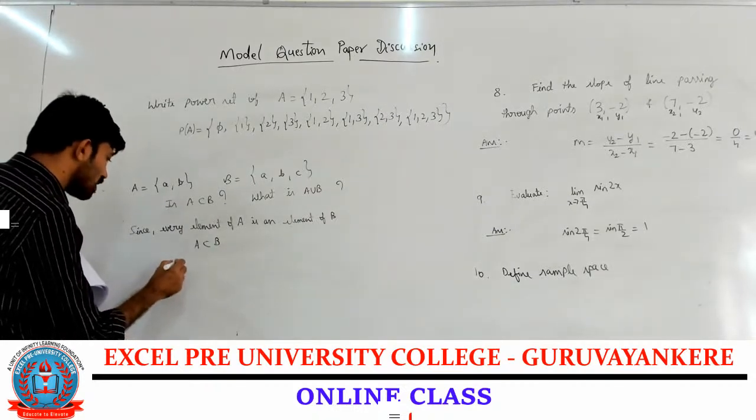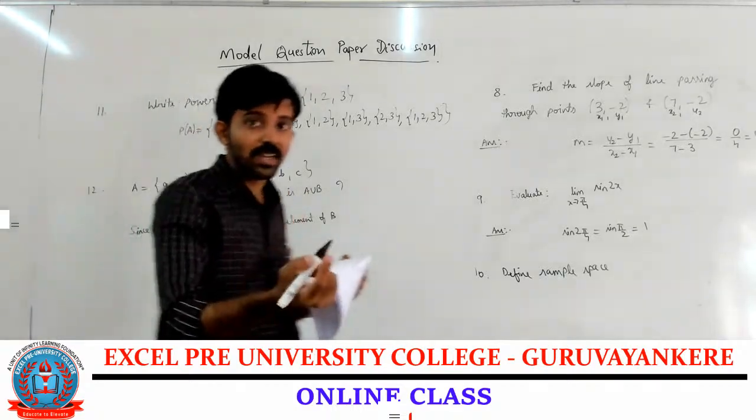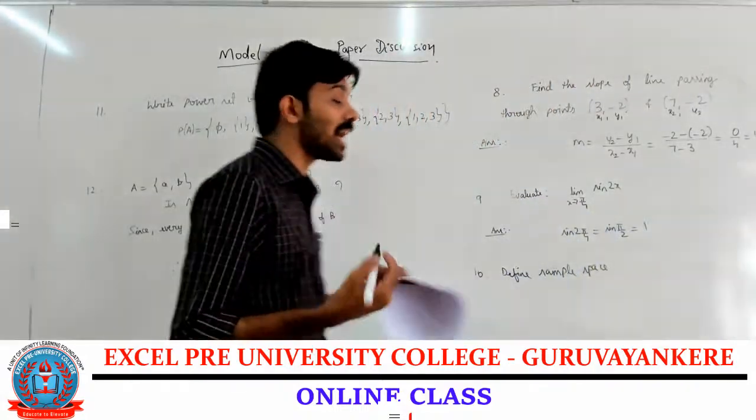What about A union B? Union is the larger one, and intersection is the smaller one. If A is a subset of B, A union B is the larger set.